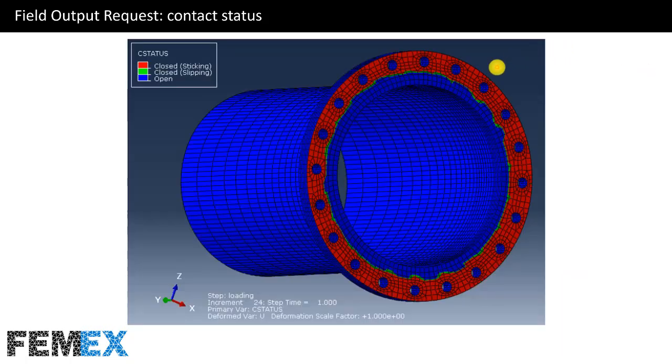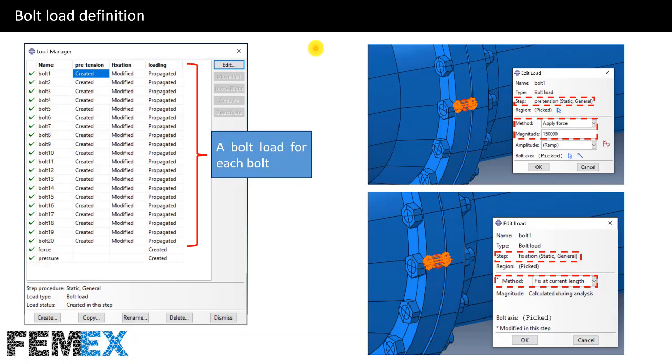This is a picture of the simulation results. In the red regions, we have contact and sticking, in the green regions we have contact but slipping, and in the blue regions there is no contact. As mentioned before, there are 20 bolts in the assembly, so I have created 1 bolt load for each bolt.